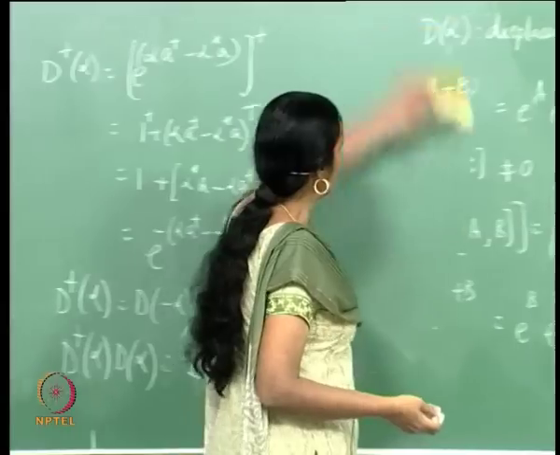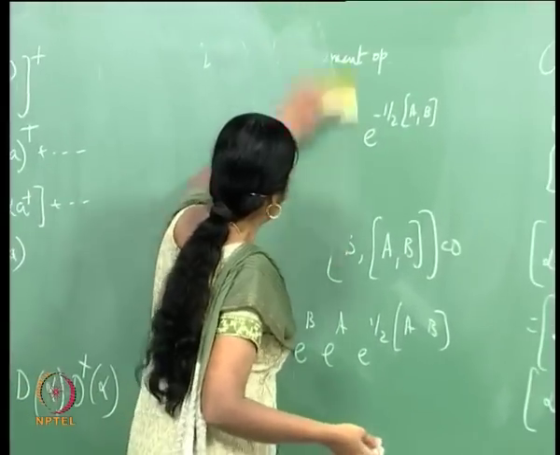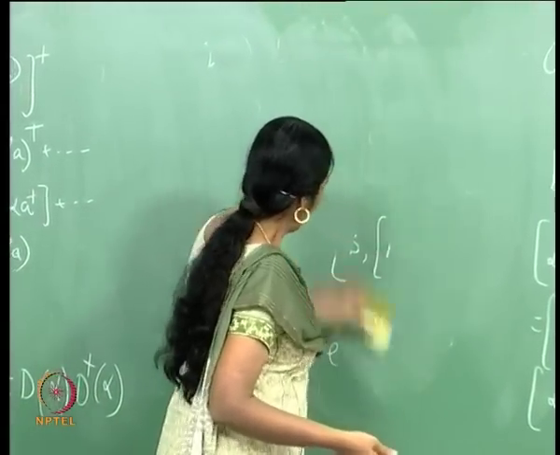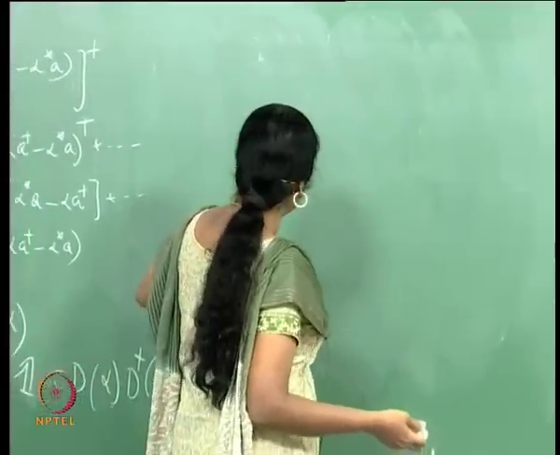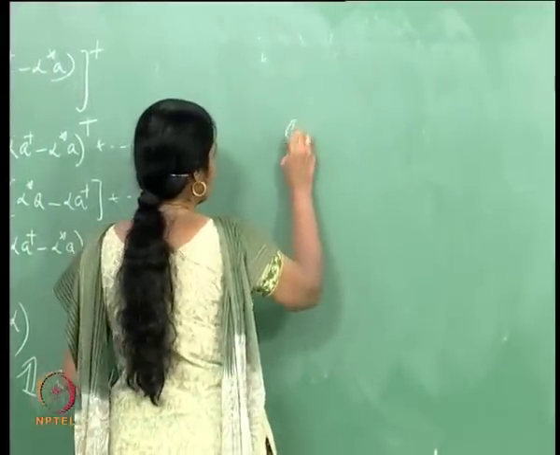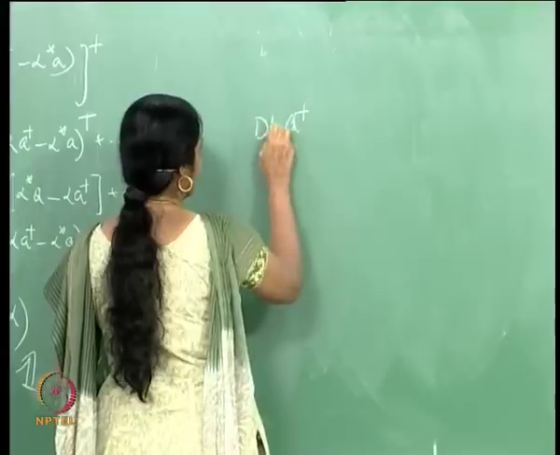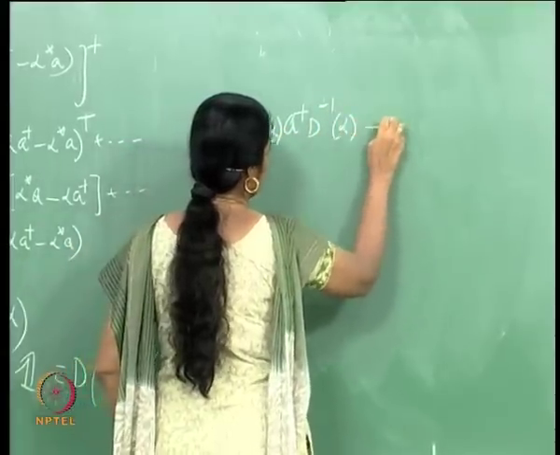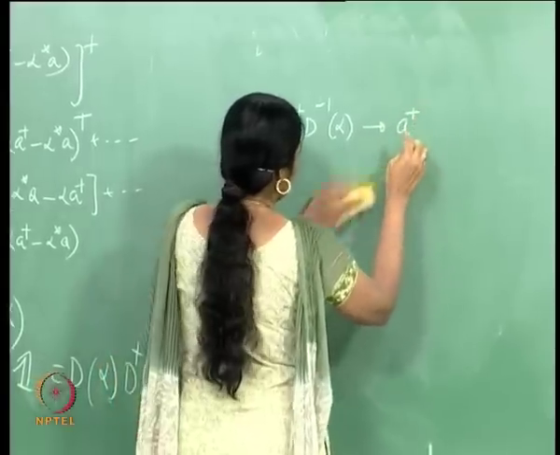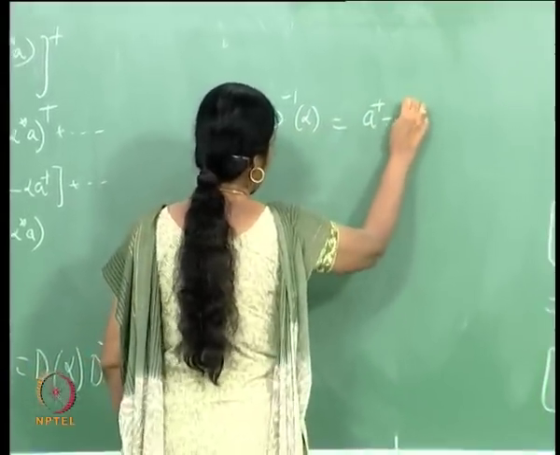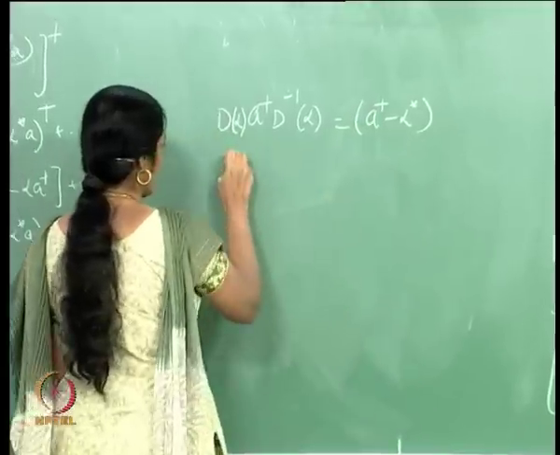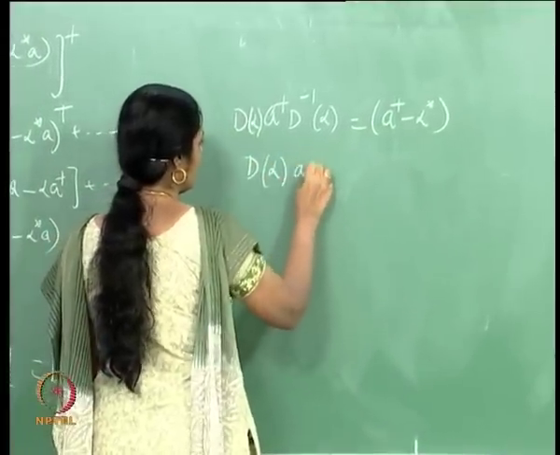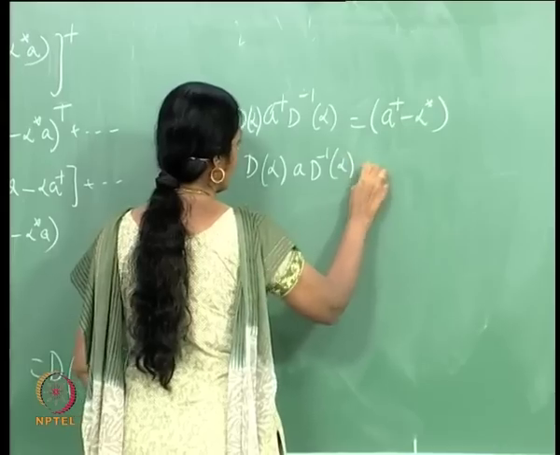I could argue further and attempt to see if it is the same unitary operator that takes a dagger to a dagger minus alpha star and a to a minus alpha.